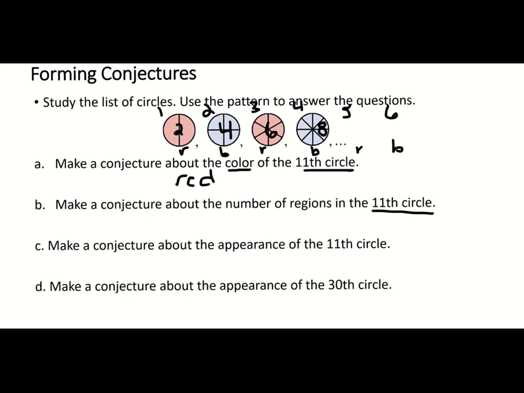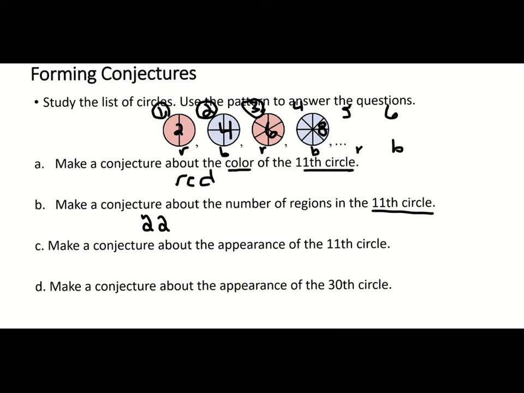So this is circle 1 times 2 will give me 2. This is circle 2 or pattern 2. 2 times 2 would give me 4. This is the 3rd circle, 3 times 2. So it's the number in this pattern times 2. So I'm going to say there should be 22 regions in the circle.